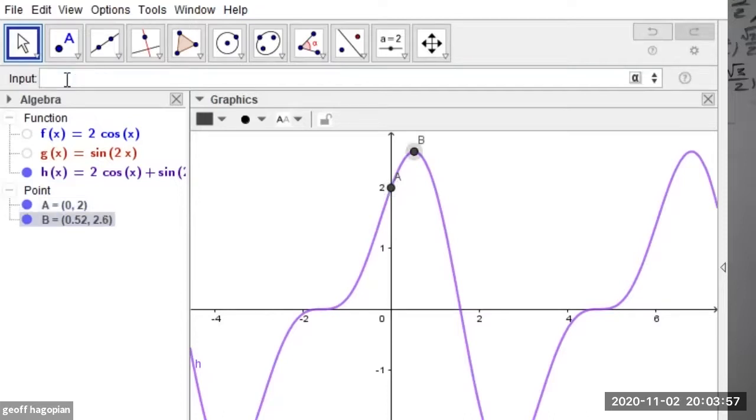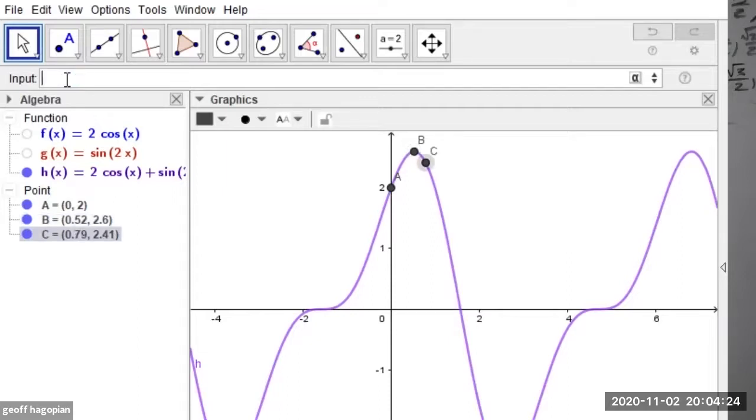We got 3 times square root of 3 over 2, about 2.6. Yeah, looks like we're right on a peak, so that's the amplitude of this waveform. And I'm going to say pi over 4, comma h of pi over 4.